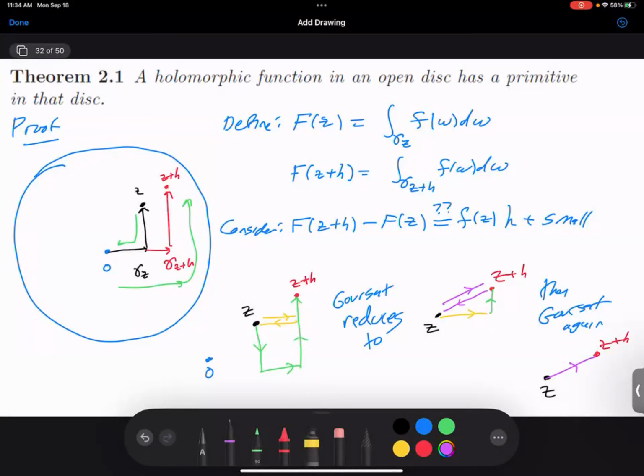So do you think if I put in the complex conjugate function, it's going to have a primitive? Probably not. Well, I think no.